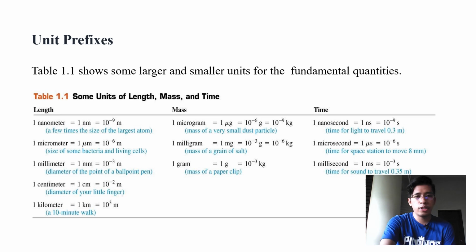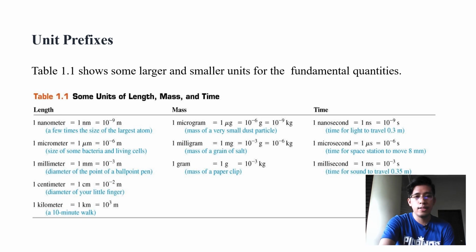The table here shows some larger and smaller units for fundamental quantities. For length, we have this one as an example on the previous slide. We have 1 nanometer or 1 nm. This is equal to 10 to the negative 9 of a meter. So a few times the size of the largest atom. A kilometer, or 1 km, is equal to 10 to the third power of a meter.